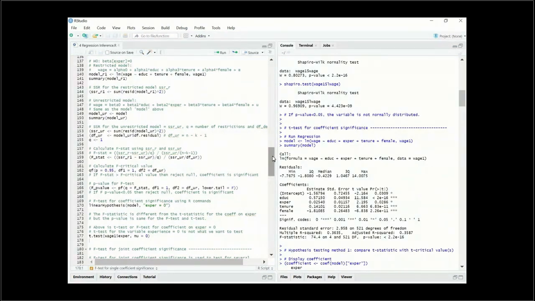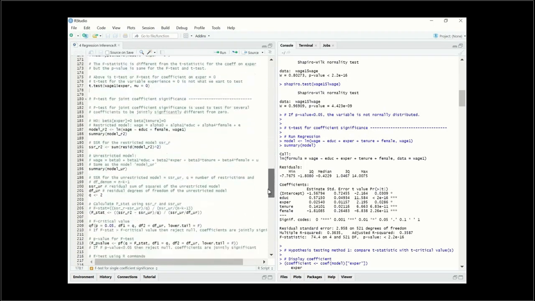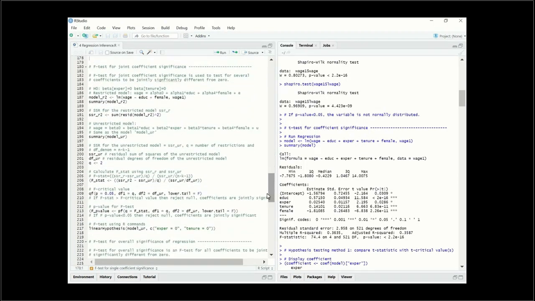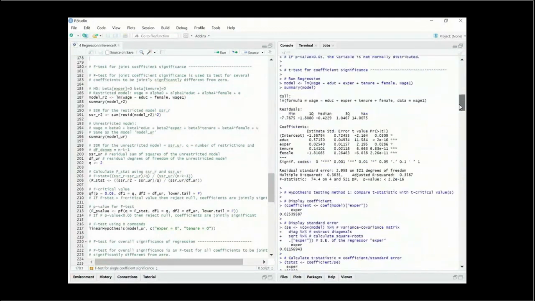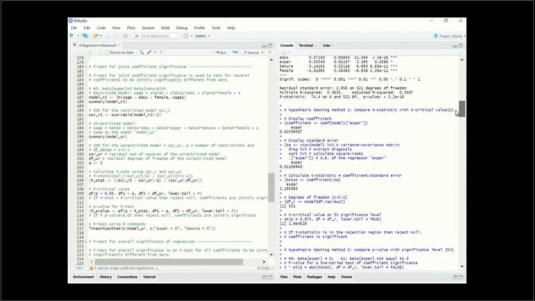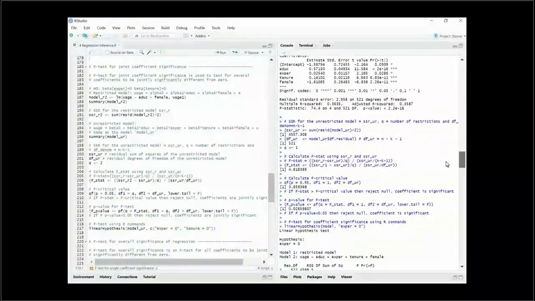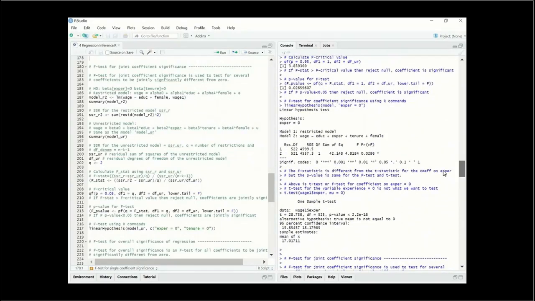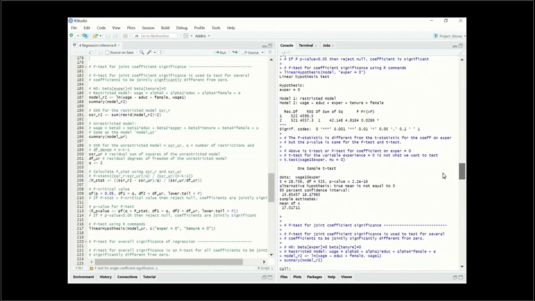Okay, so what we learned here about how to do a t-test, we are going to be repeating it 3 more times, and we're going to make it more and more complicated each time, because now we're going to be testing for joint significance of several coefficients here.